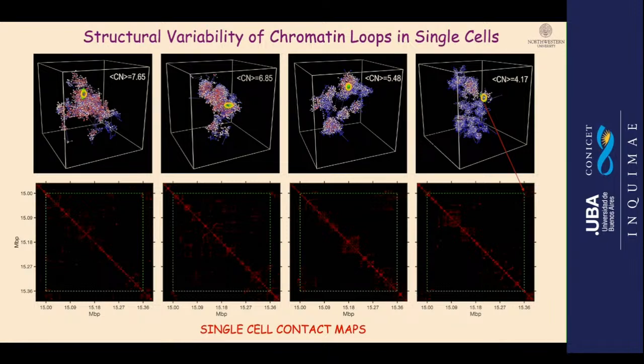The red arrow on the right highlights this point. The most open structure with coordination number about 4 leads to a contact map with minimal interaction structure.